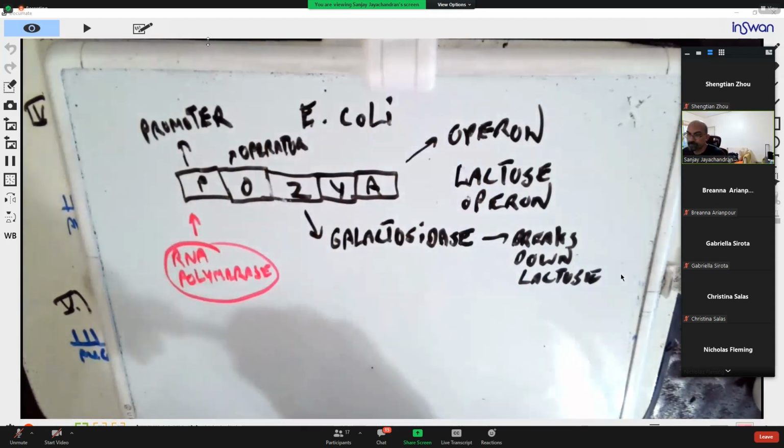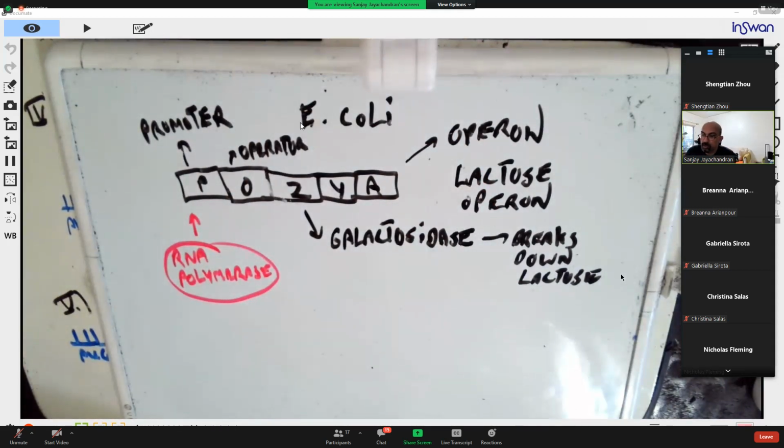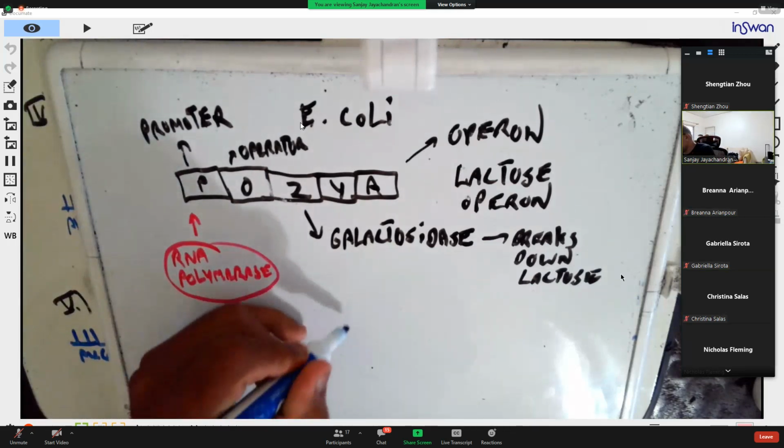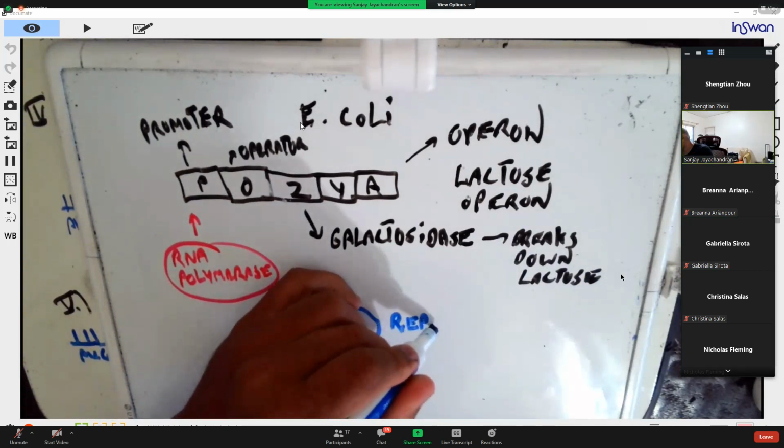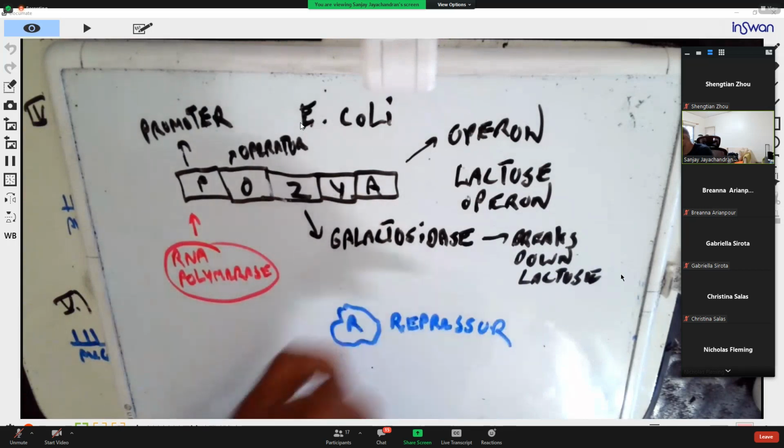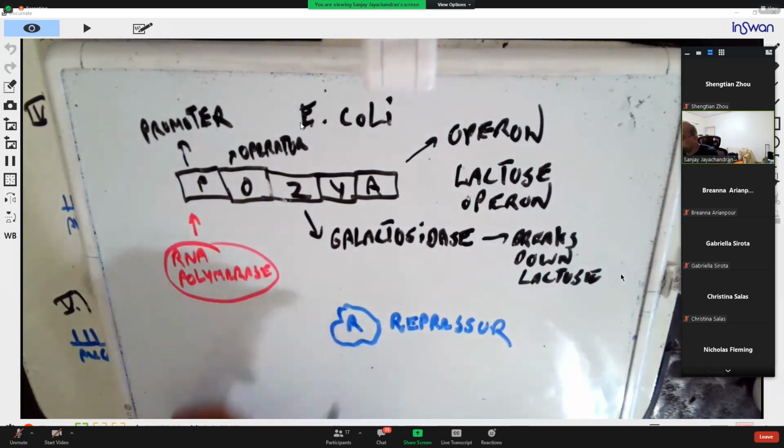Okay, so here's a question. If you're the bacteria, let's say you're the E. coli, and there's no lactose around, do you want this operon on or off? Off. You want it off, right? There's no lactose in it. So in that case, there's another protein called the repressor.